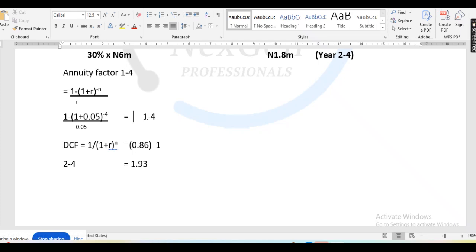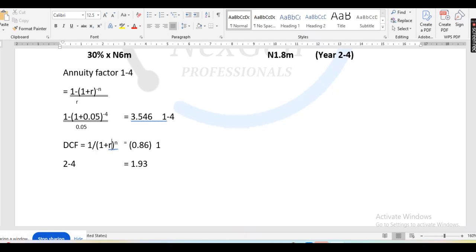Year 1 to 4 class. 3.546. So give me the DCF for year 1.